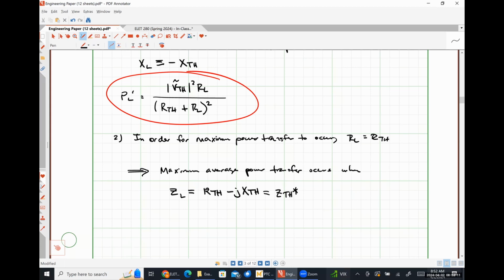And then there will be a 5-point bonus problem based on this.